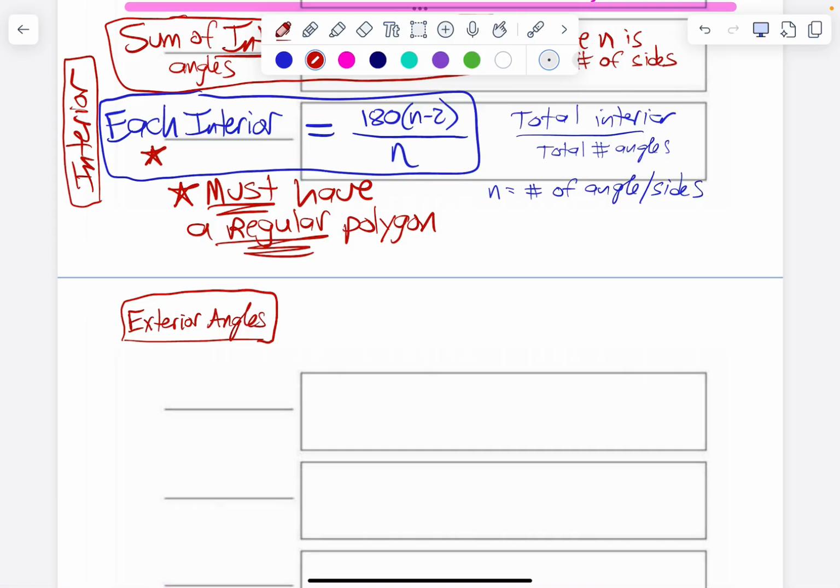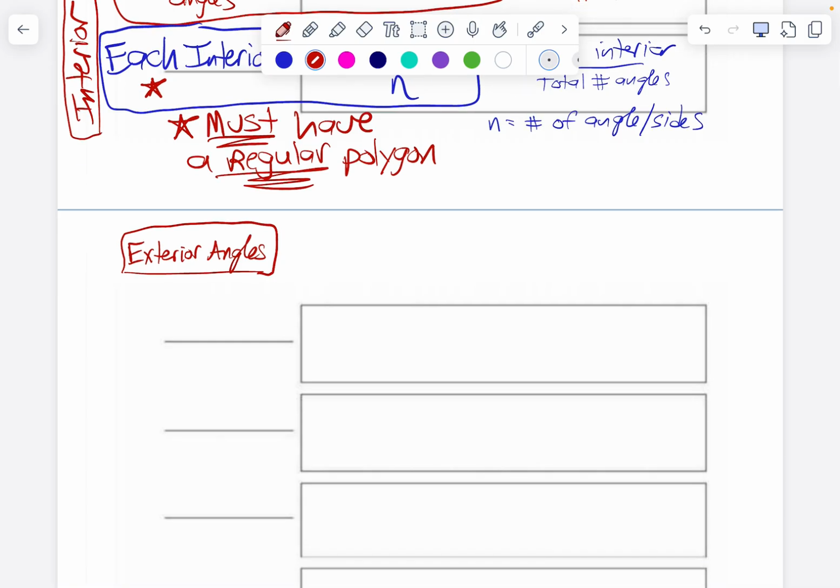And like I told you yesterday, these are way easier than the interior ones. So total or exterior sum, let's use the same kind of notation. The exterior sum, get this, it's always 360 degrees. No formula really there. It's just always equal to 360.